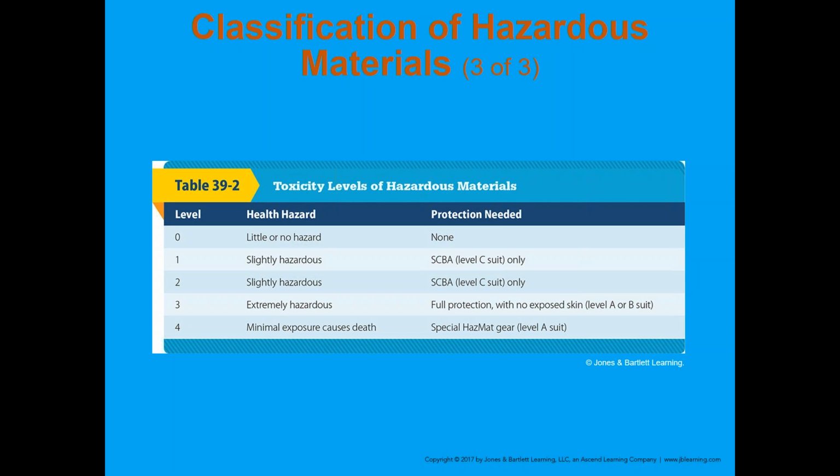So 0 to 4, again, depending on what it is, depends on how much protection you need. Obviously, 3 and 4 are extremely significant. Most of those you will need to have specialized training.